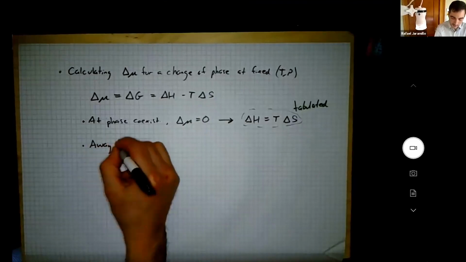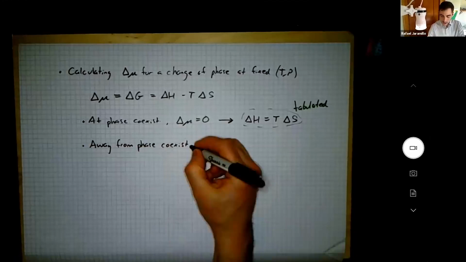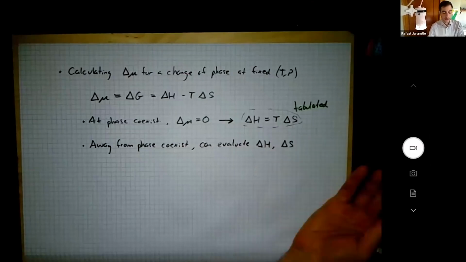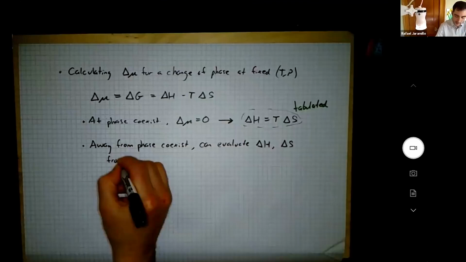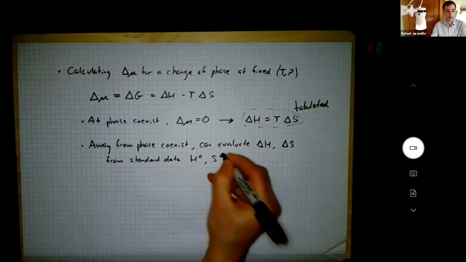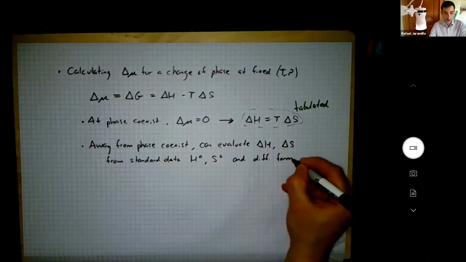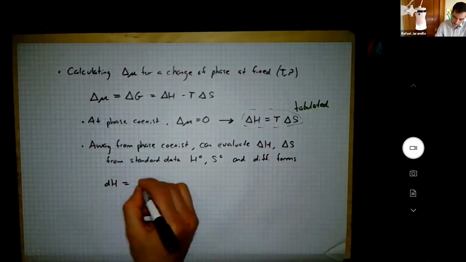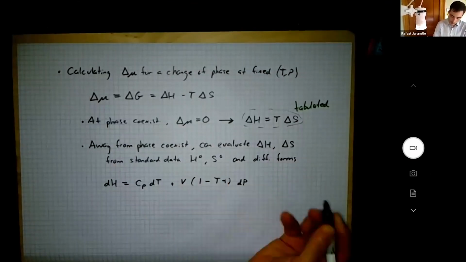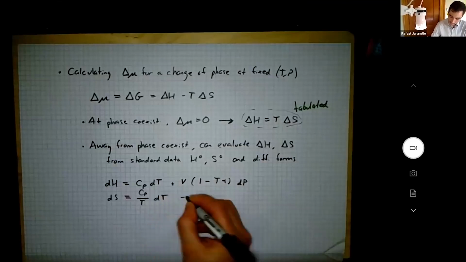Away from phase coexistence, we can evaluate delta H and delta S. Again, from standard data, H naught and S naught, and the differential forms, which in this case are dH equals Cp dT plus V times (1 minus temperature alpha) dP, and dS equals Cp over T dT minus V alpha dP.